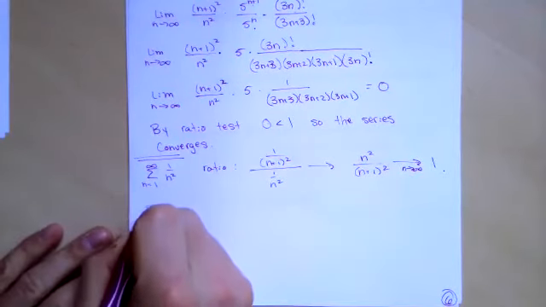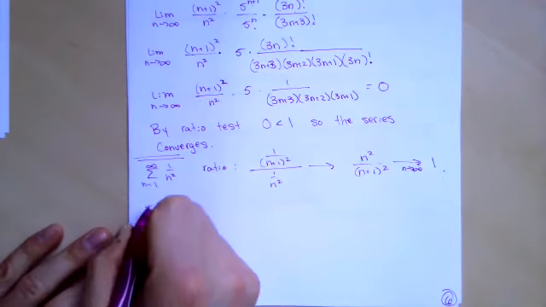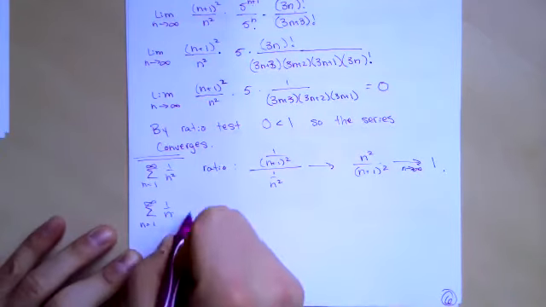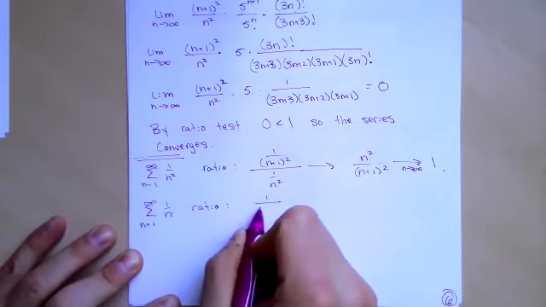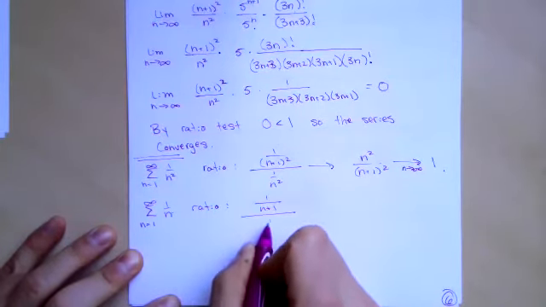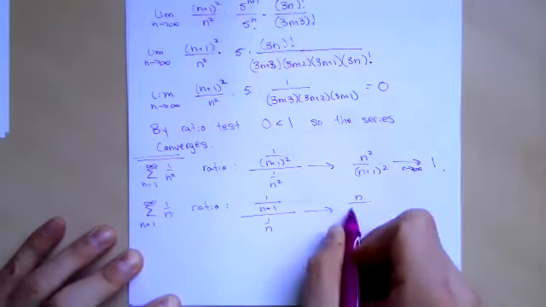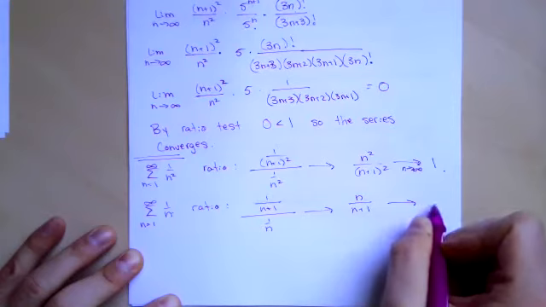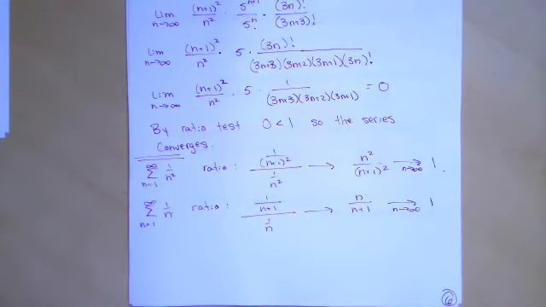But if I tried the ratio test with the harmonic series, just 1 over n, we're going to get 1 over (n plus 1) divided by 1 over n. And that, again, just goes to 1.